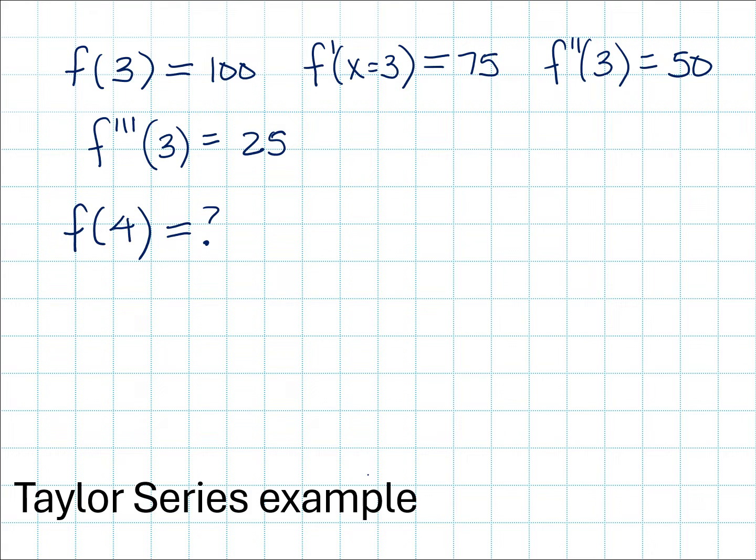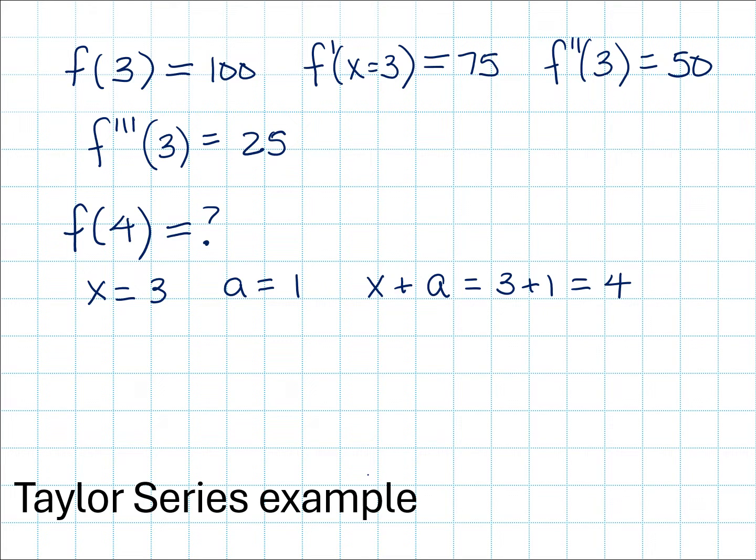This is our unknown. So we are going to apply a Taylor series expansion to estimate the value of function f when x is equal to 4. So in our problem, x is equal to 3, a is equal to 1, so the value of x plus a is 3 plus 1 equals 4.